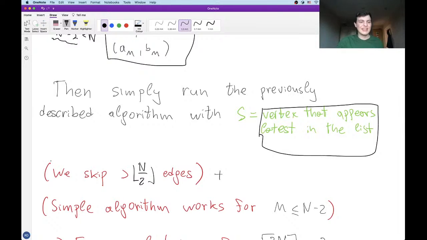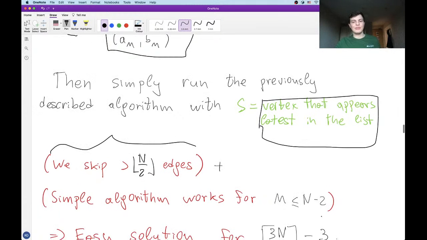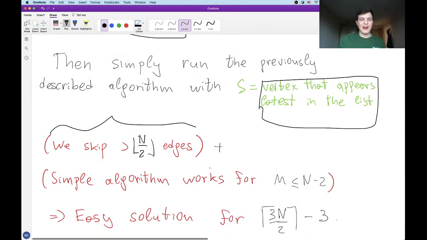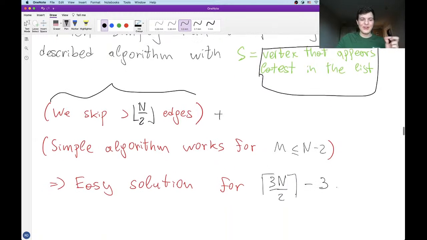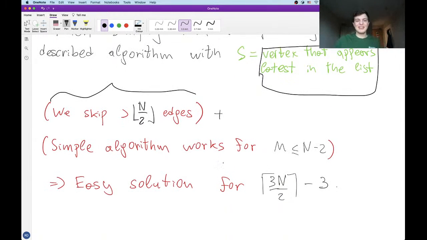Because we basically skip at least n over 2 sailed down edges, and then the simple algorithm works for any m which is less than or equal to n minus 2, which means that if the whole thing works for 3, that's 1/2 of n, that's the whole n, so we have 3n over 2 minus 3. Here you see a minus 2, but that's sailed down, that's sailed up, and the exact analysis just shows that. And yeah, we basically have a solution.